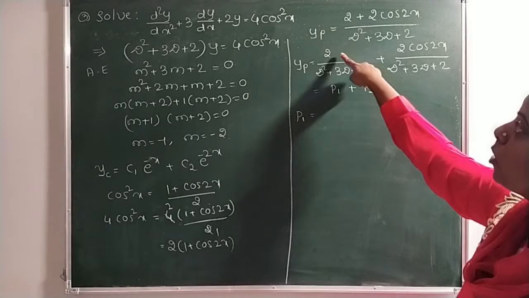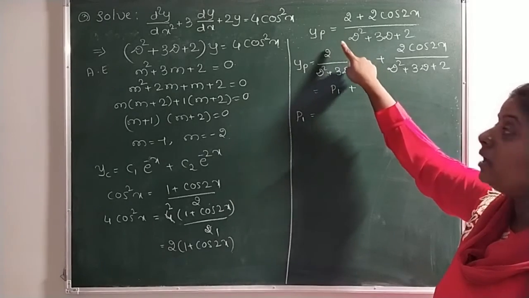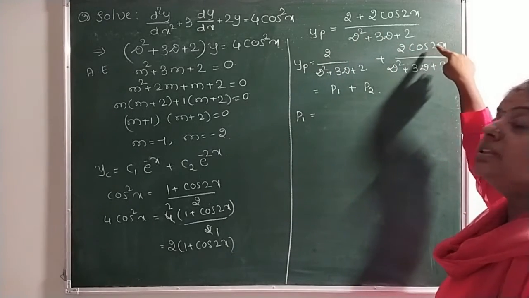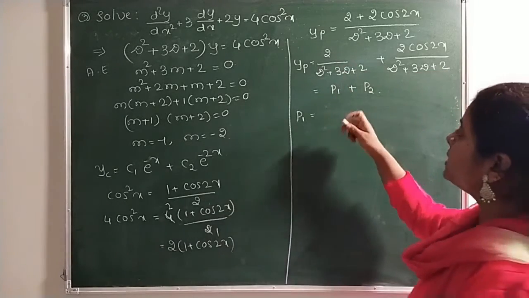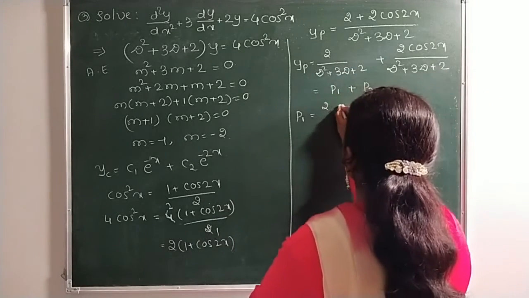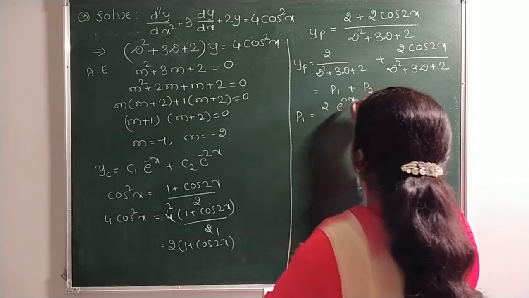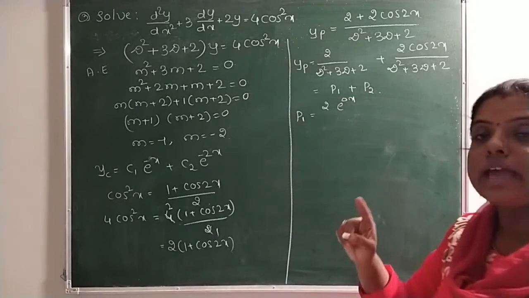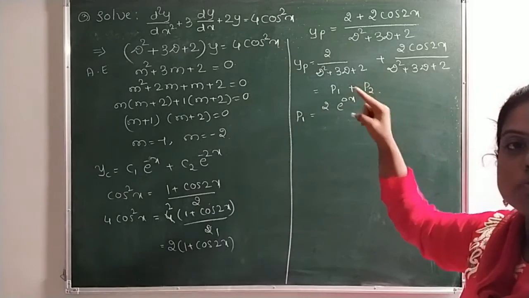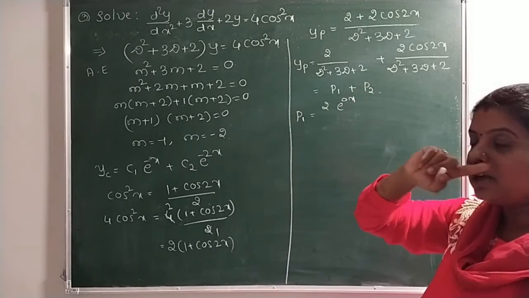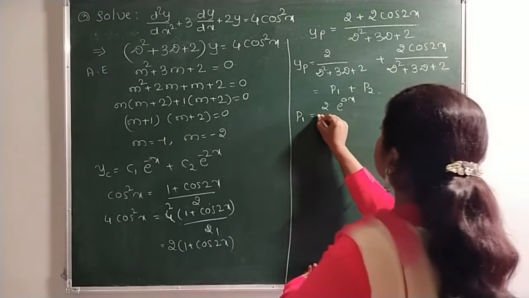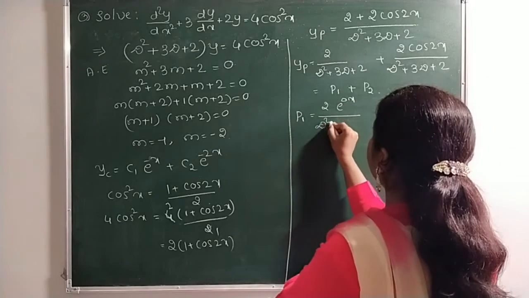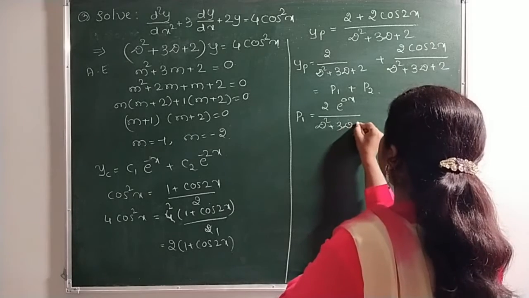Here no trigonometric terms are there. Whenever trigonometric terms are there, then only you can apply type 2. Here only 2 is there, that is a constant. If we consider e to the power 0x, the exponential term having the power 0, that value becomes 1. That's why 2 into e to the power 0x divided by D square plus 3D plus 2.